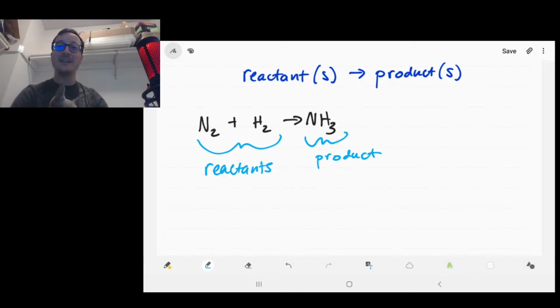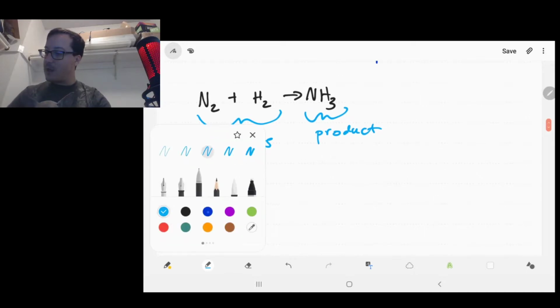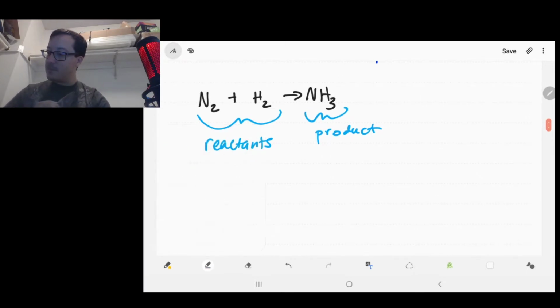So that means, if we have this much of our reactants, how much product can we get out? That sort of thing. I'm going to make analogies throughout this to cooking. Our chemical reactions are essentially recipes. And we're going to learn how to perfect those recipes and then how to use them to actually make things. So let's start talking about balancing reactions.